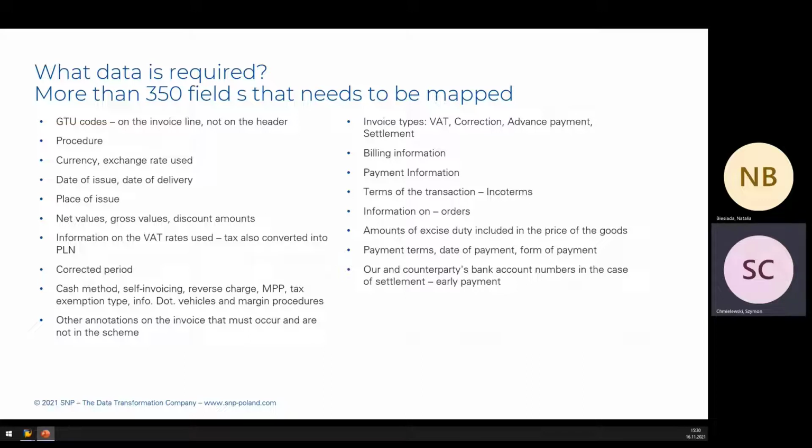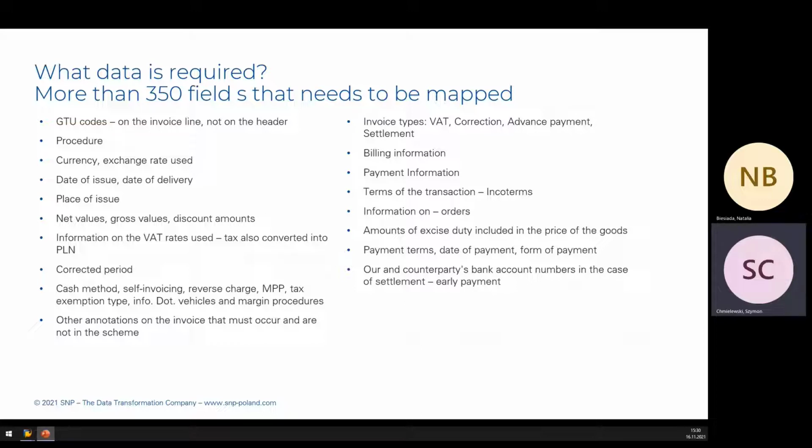So you probably know some of those fields from the already implemented standard audit file. From your implementation of the standard audit file, like I said, there are more than 350 fields that have to be mapped. For example, you have goods and services codes that have to be mapped to your materials. Yes, we already have this in the VAT structure of the JPK, but over there it was in the header, so it was about the whole document.